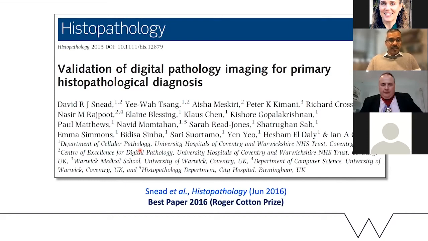And it involved 10 different subspecialties with more than 11,000 slides. So quite a substantive trial. I was involved on the fringes right from the beginning of this trial. It lasted for about 3 years and finally culminated in the publication of this paper in Histopathology in 2016.